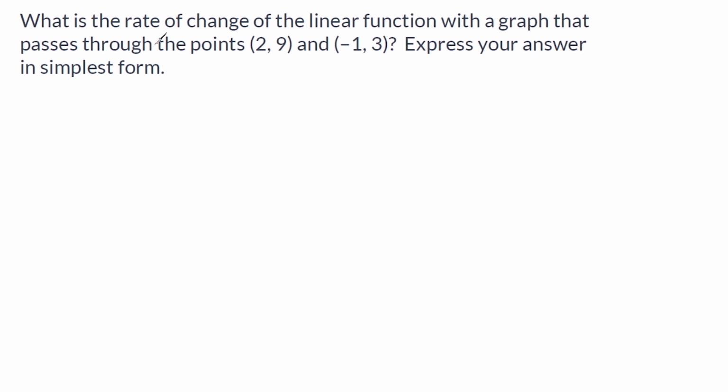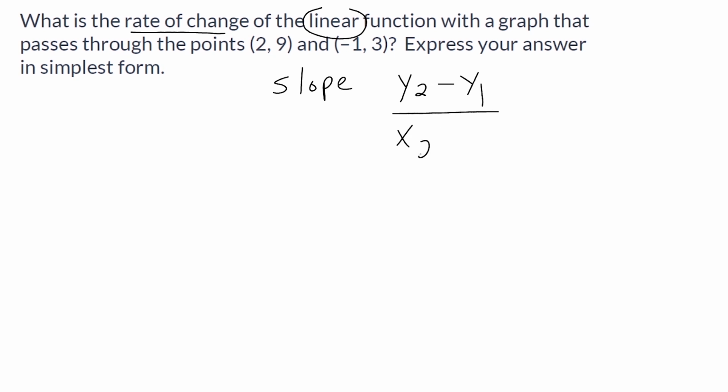Now, whenever referring to the rate of change of any straight line, what we're talking about is the slope of the line. And to find the slope of a line, we can go ahead and use the formula y2 minus y1 over x2 minus x1.